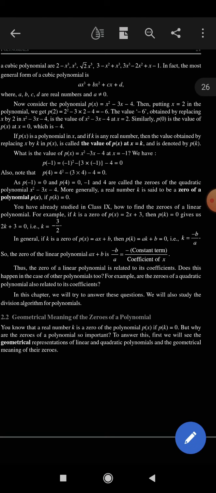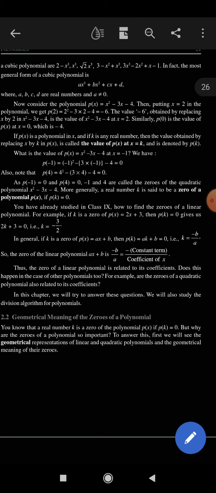What is the value of p(x) = x² − 3x − 4 at x = −1? If we put −1 in p, p(−1) = (−1)² − 3 × (−1) − 4 = 0.